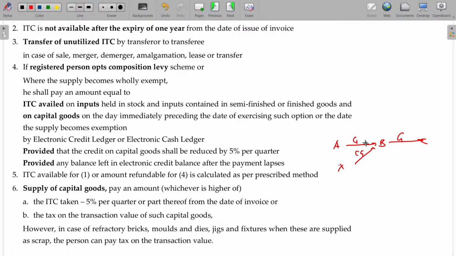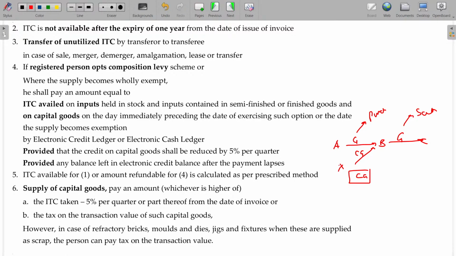Only goods. Purchasing the goods is called purchases, selling the goods is called sales. Purchasing capital goods is named as asset, and named as capital goods only. Now the question is, will he sell this? Usually his intention is not selling the assets. The assets are used for manufacturing the finished goods, and only finished goods are sellable.